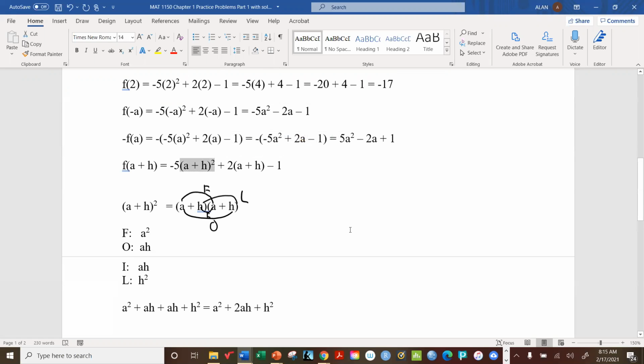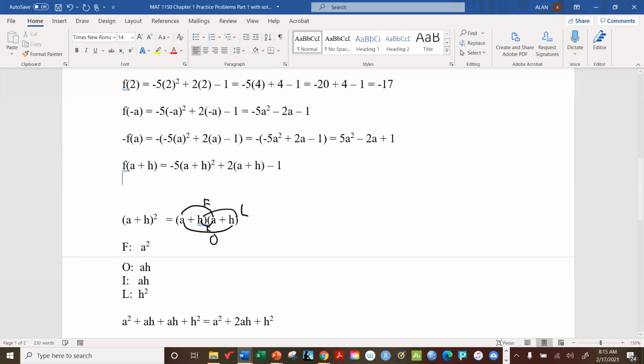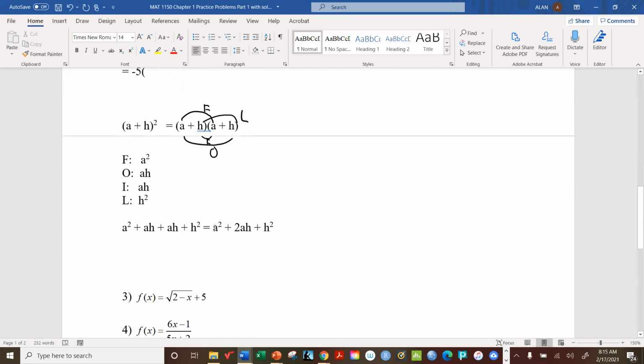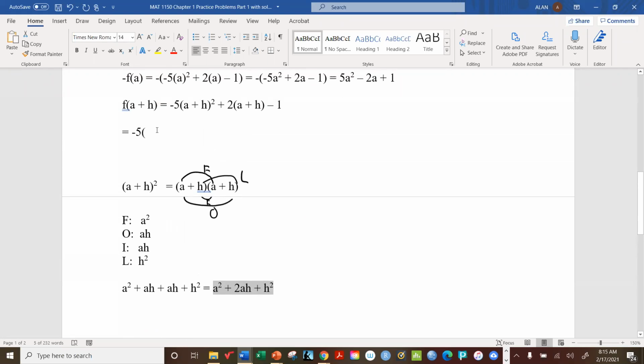this expression. So that means that this is now equal to minus 5 times, inside the parentheses, we have all of this. And then for this one, we can just multiply the 2 by all the terms inside.